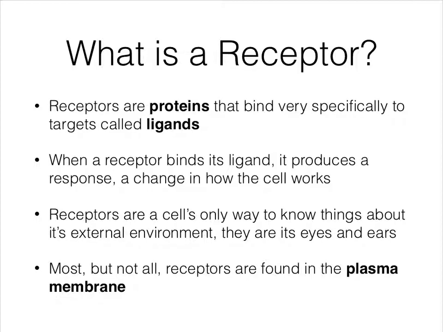Or there are some receptors that actually tell the cell information about what's going on inside of the cell itself. Those type of receptors are not usually involved in the endocrine system. But the ones that can detect hormones that can cross through the plasma membrane are part of the endocrine system.